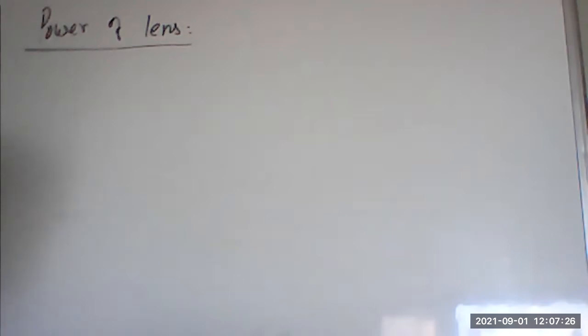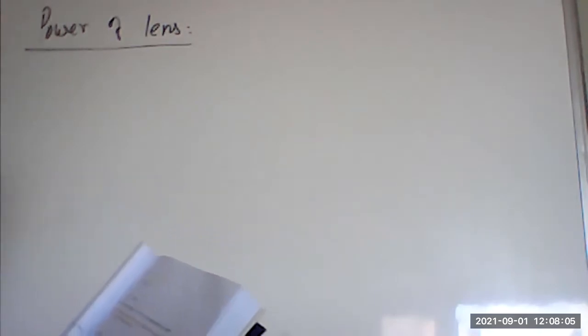Its power is related to the ability of a lens to focus or not to focus, to converge or diverge the rays of light after refraction through the lens. The ability of a lens to diverge or converge the refracted rays of light is called power. That is given in your book.